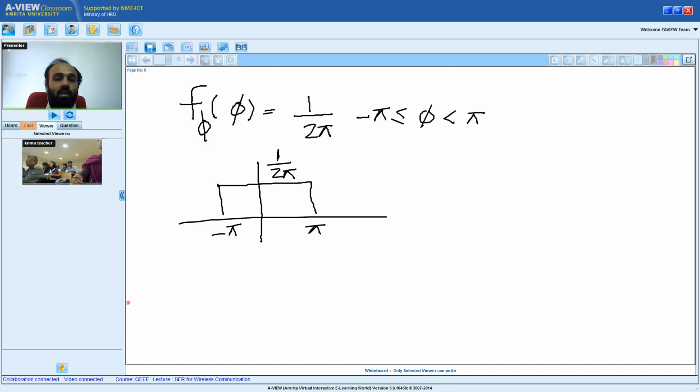Therefore, what is the joint distribution of f of a comma phi? See, we said the amplitude has Rayleigh distribution, phase is uniformly distributed, and if phase and amplitude are independently distributed, what is the joint distribution?